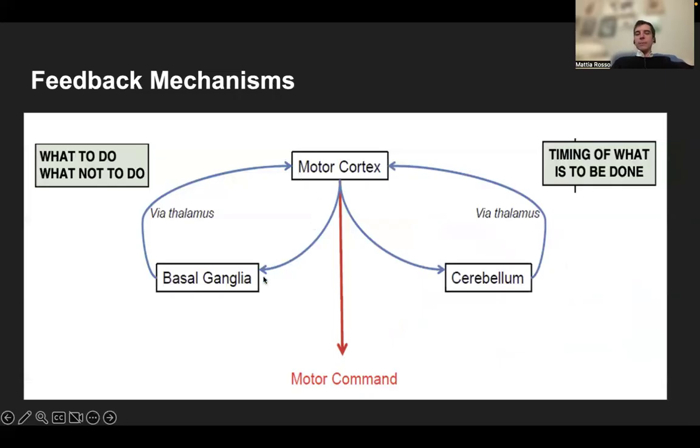It's not completely missing, but it's affected. And that's where you get the slowness. So the main difference is that if you were to check someone's strength and they're paralyzed, they would be weak. Whereas a patient with Parkinson's is not weak, but has a lot of trouble moving at the appropriate speed or maintaining a certain movement.